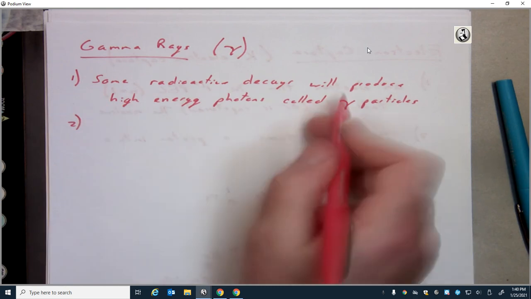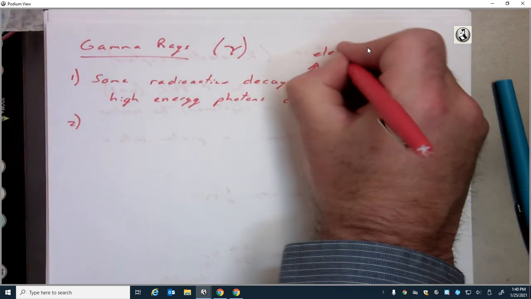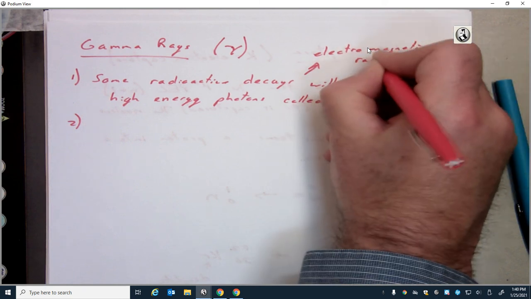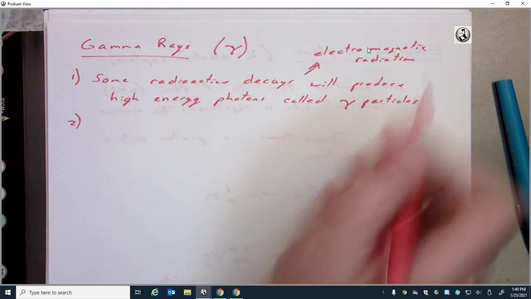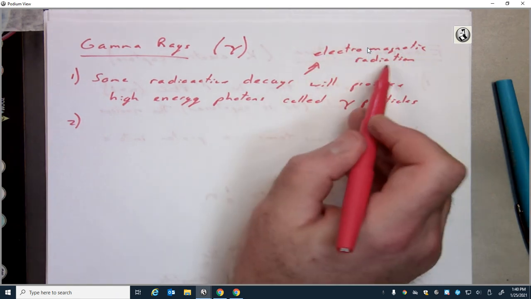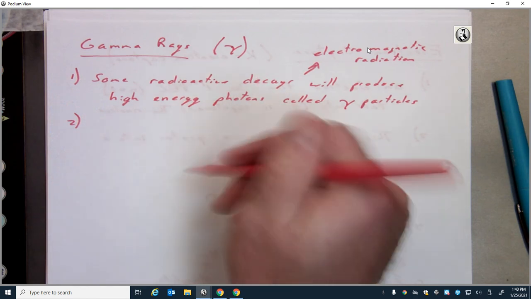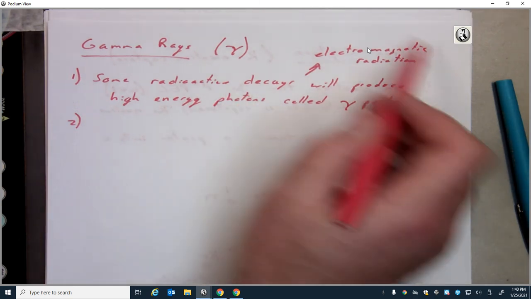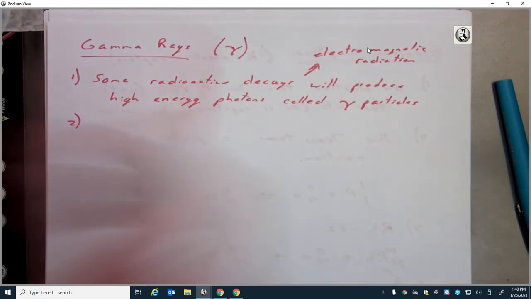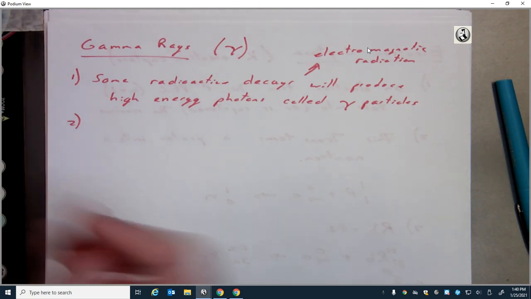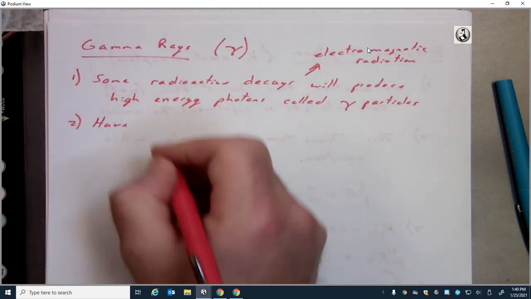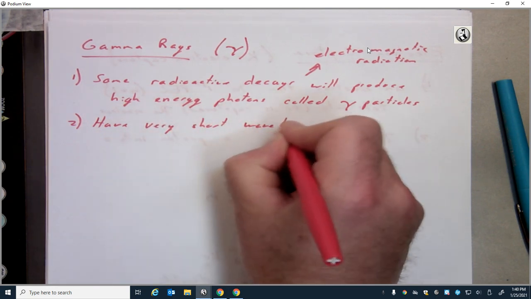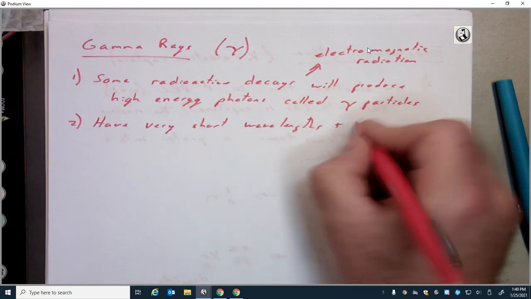So this is electromagnetic radiation. Another example of electromagnetic radiation is light. It's got photons that travel in a wave-like motion, right? But gamma rays have much more energy than light. They have very short wavelengths and high energies.